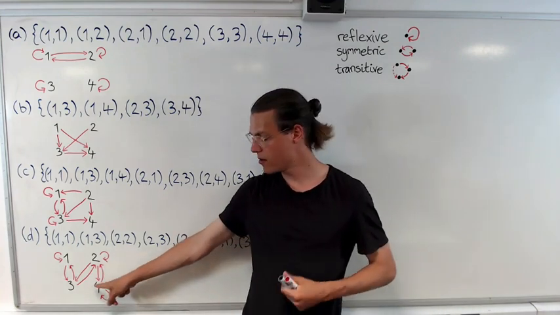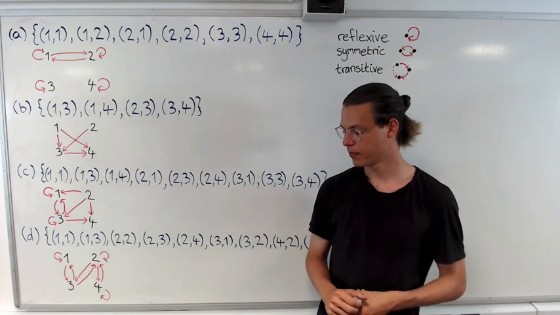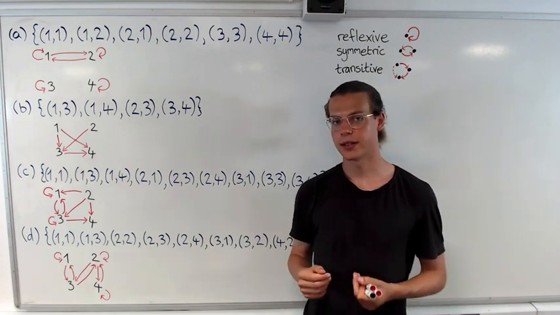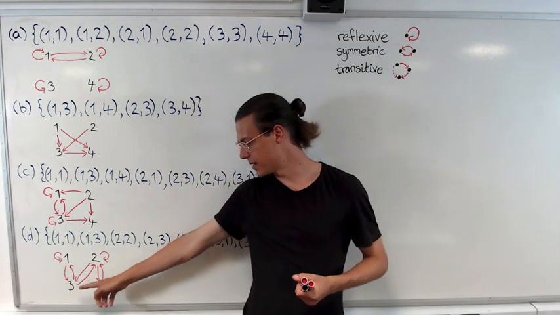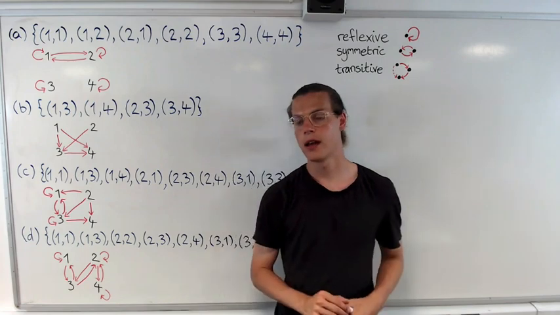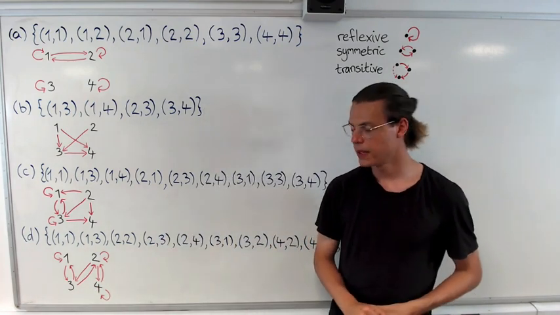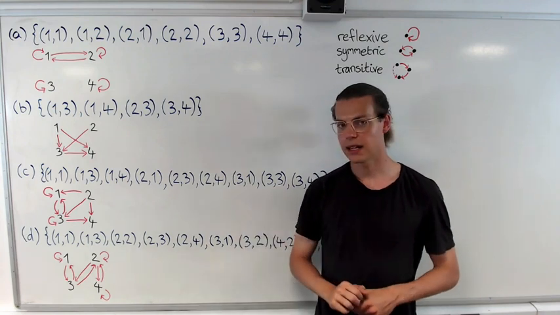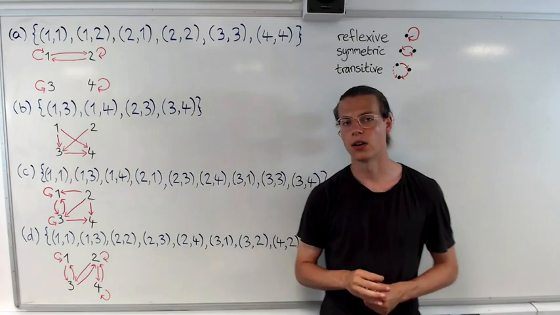Whenever we have an arrow, we have one in the opposite direction. But it is not transitive. For example, 3 is related to 2, and 2 is related to 4, but 3 is not related to 4. So our final relation is symmetric, but not reflexive and not transitive.